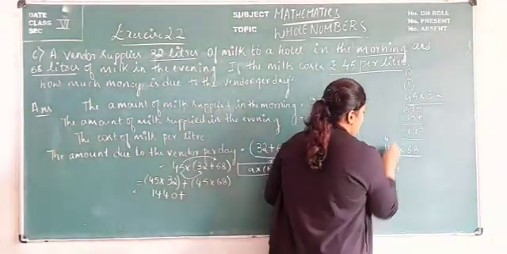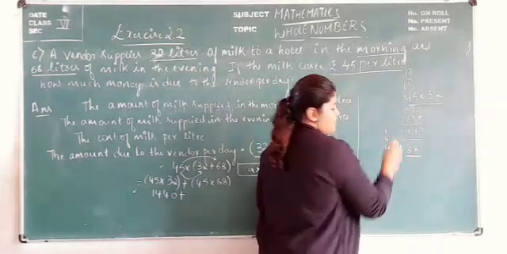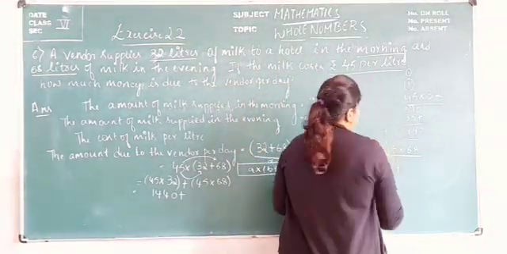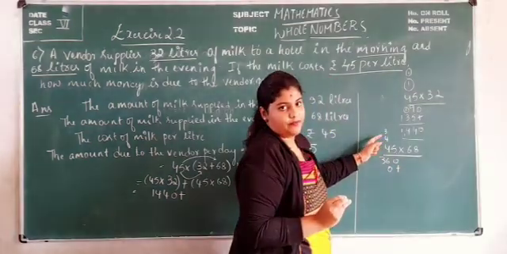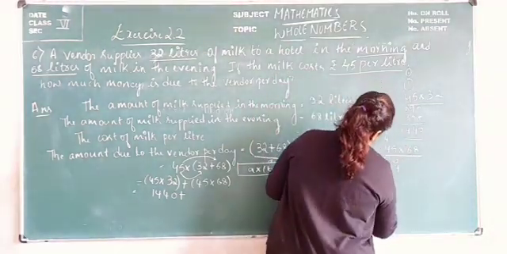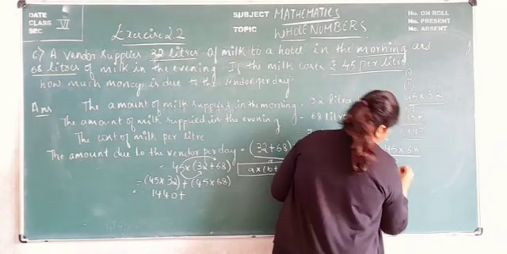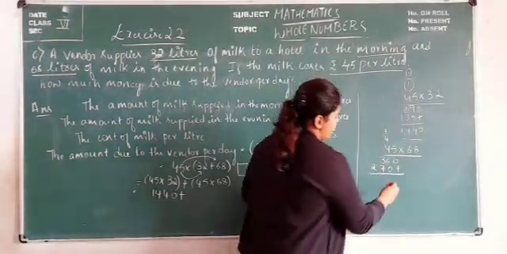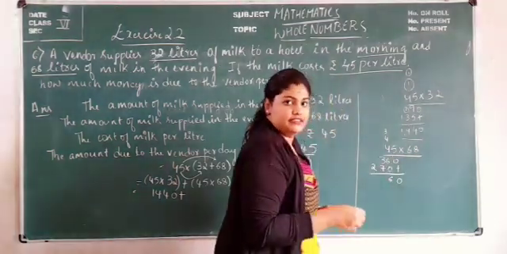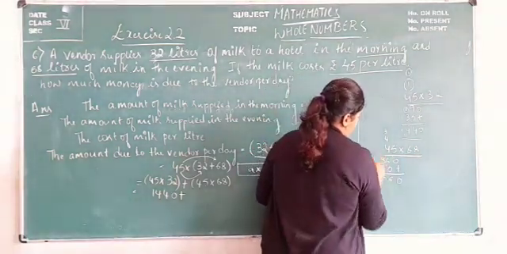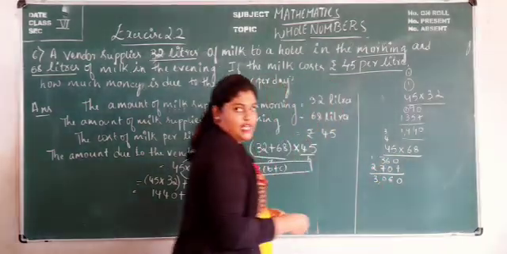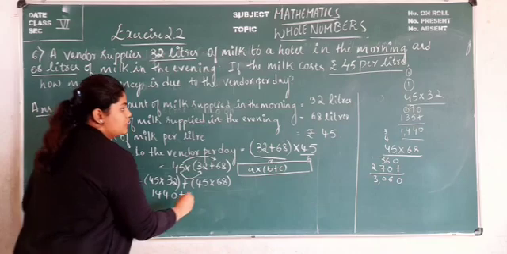So 0, 3 carry. Then 6 4s are 24. So 24 plus 3. So 0. What is 6 plus 0? 6. What is 7 plus 3? 10. So 0, 1 carry. So 1 plus 2 is 3. So we got 3060.